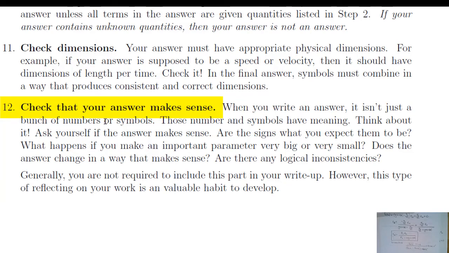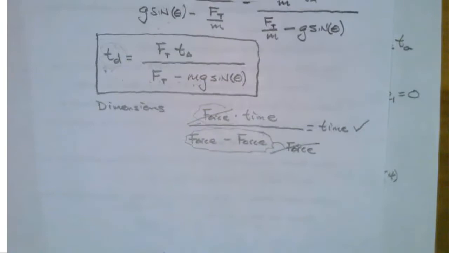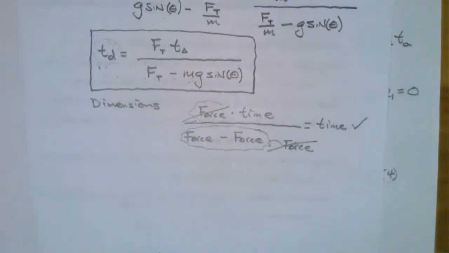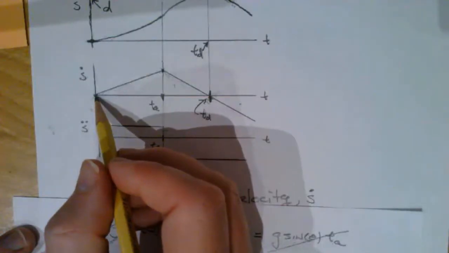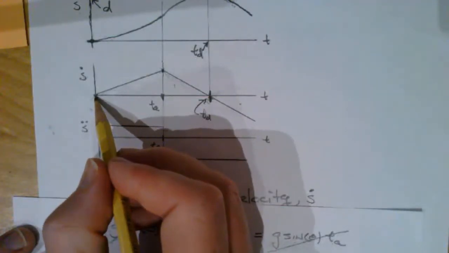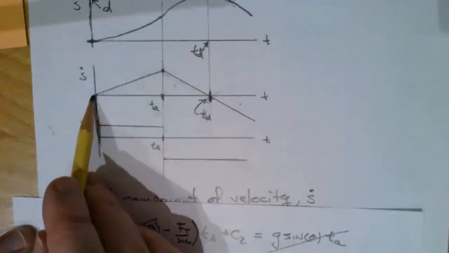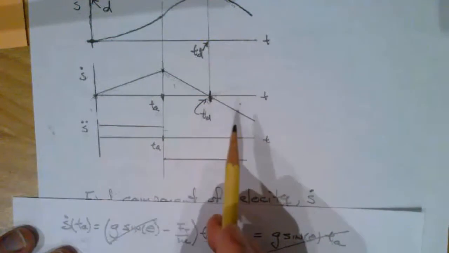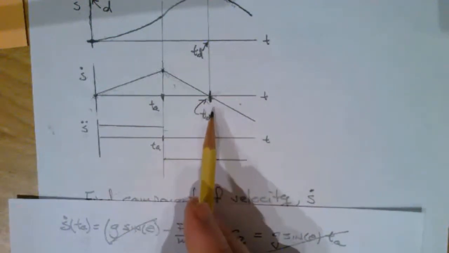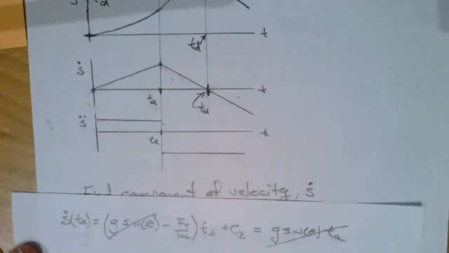Yeah, does this answer make sense? Well, for one thing, you might want to check that this TD better be positive, right? You got to remember the car starts off at time equals 0 with 0 speed. So here's time equals 0 right here. So the place where the car goes back uphill again, first of all, it better be a positive number, yeah?